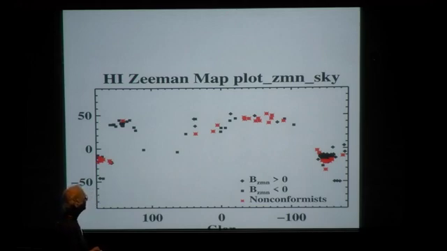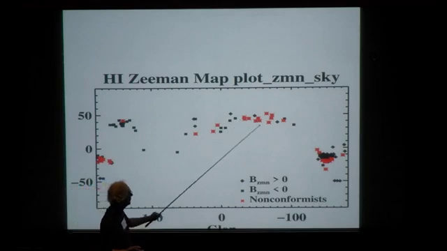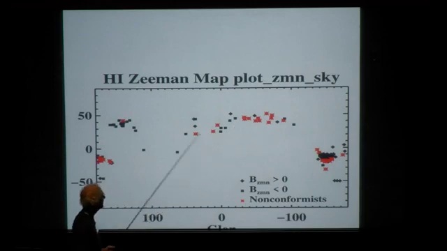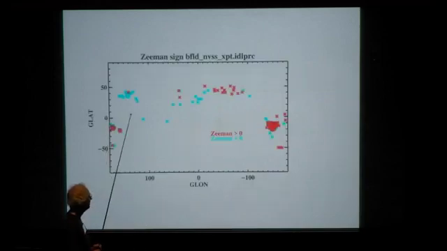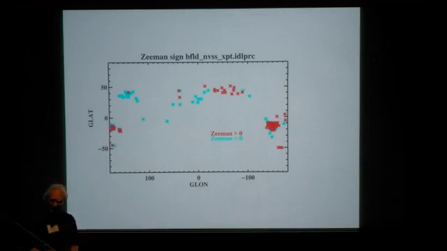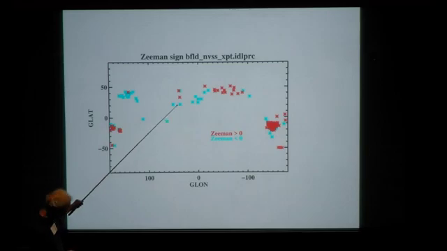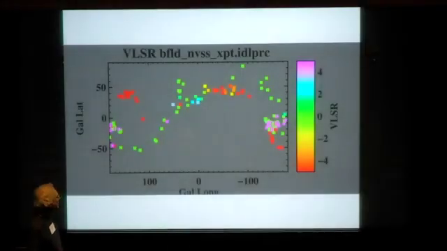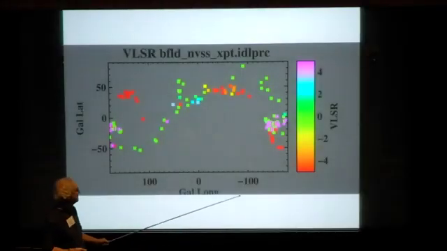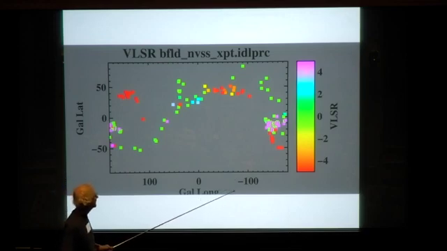So let's look at why these might be different. Why are they nonconformist? Well, to do that, I want to compare them with the velocities of the gas associated with those detections. So here's the same map that I showed before on a slightly different scale, so I can blink it with the velocity of the gas.